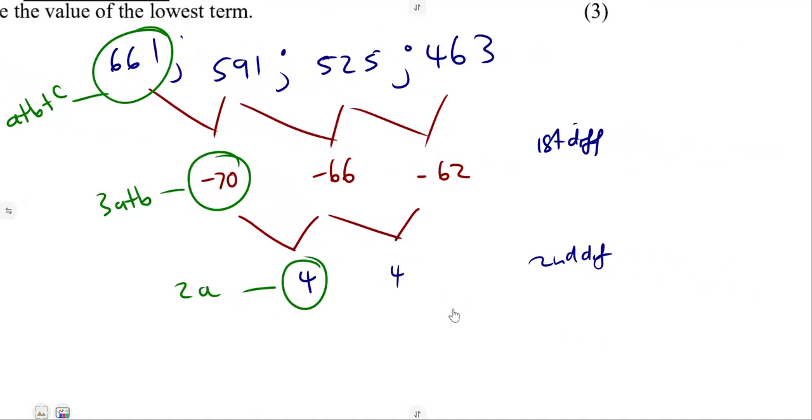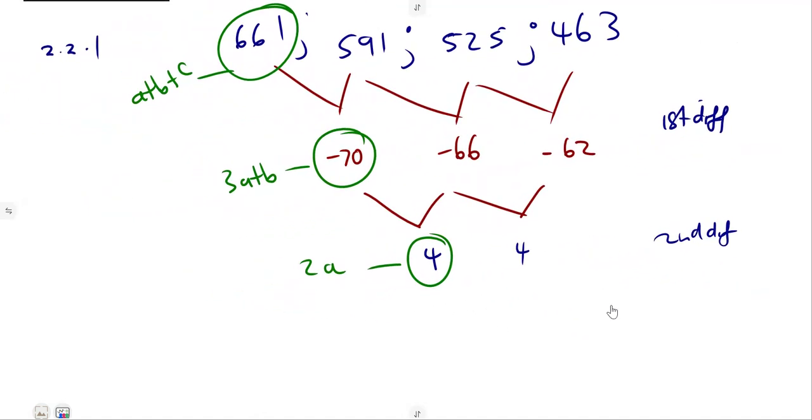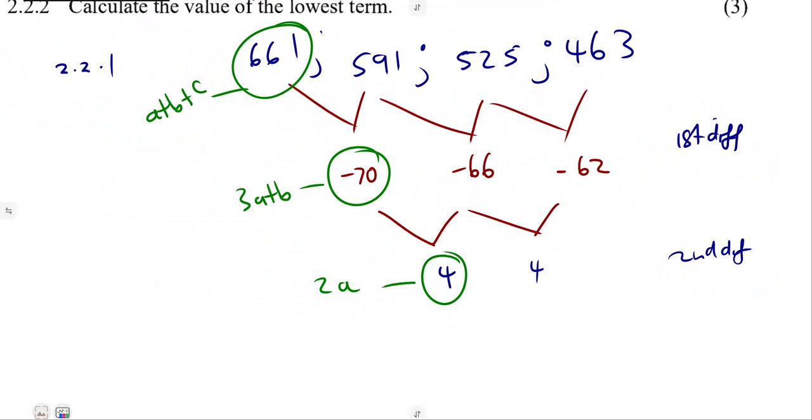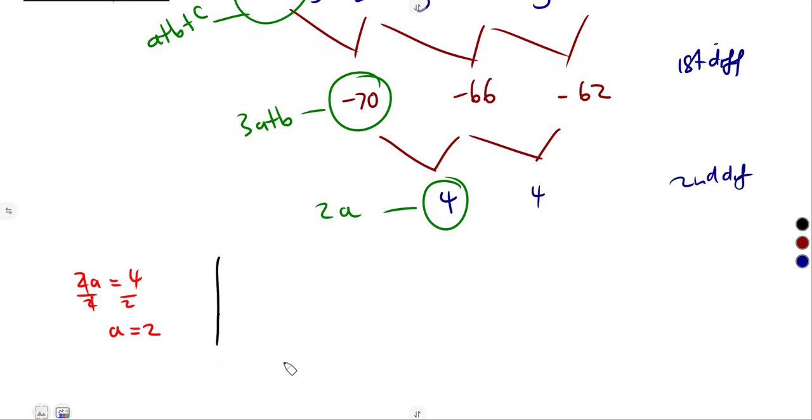Like I said, this was one of the direct questions because we can determine our a, b, c from there. If 2a is equal to the second difference, that is equal to 4, then a is going to give us 2. Let's solve for b from the first differences.